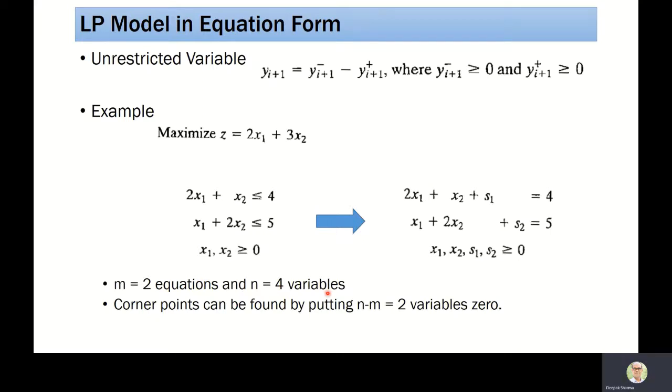Now, since we know that the optimum solution for a given LP problem should always be a corner point, we can find it by putting n minus m, so 4 minus 2 equals 2, variables to 0. So the number of variables, which is n minus m, we always keep at 0. I will discuss this more in detail.